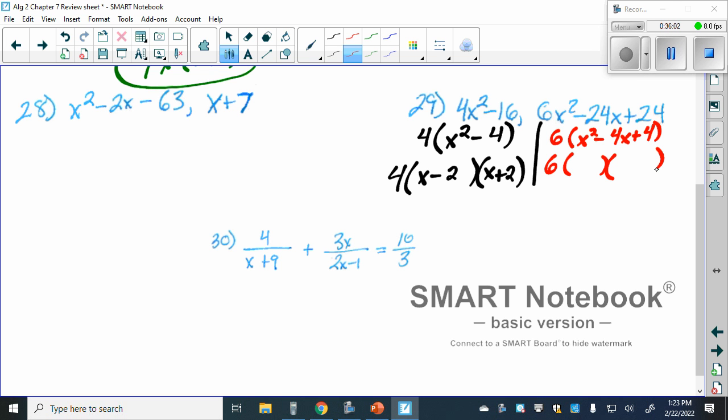Now, when we factor x squared minus 4x plus 4, well, since the 4 is positive, our signs are the same and they match the sign of the middle term, minus and minus. Factors of x squared are x, and the factors of 4 that we want are 2 and 2.